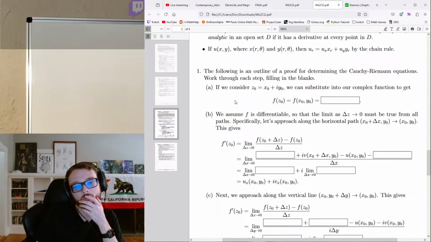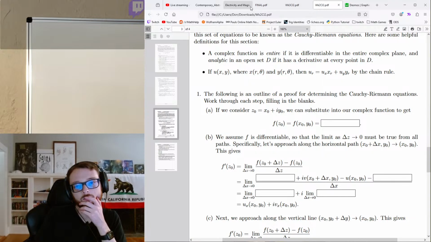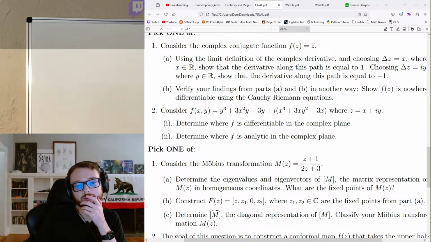Assume f is differentiable. Okay, so I think f is differentiable on the ellipse that I found.